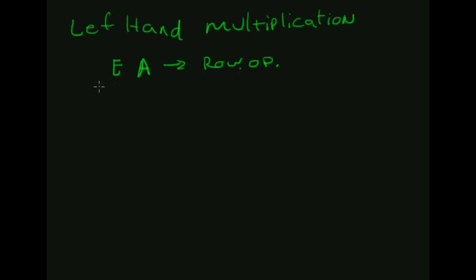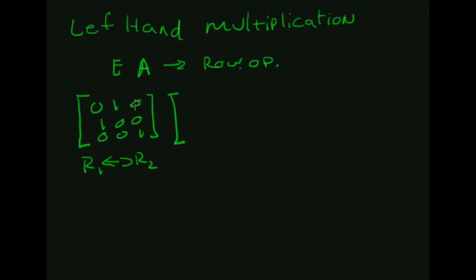So, for example, this would be the elementary matrix where I would exchange row 1 with row 2, right? So this is exchange row 1 with row 2 with the identity matrix and get this matrix.